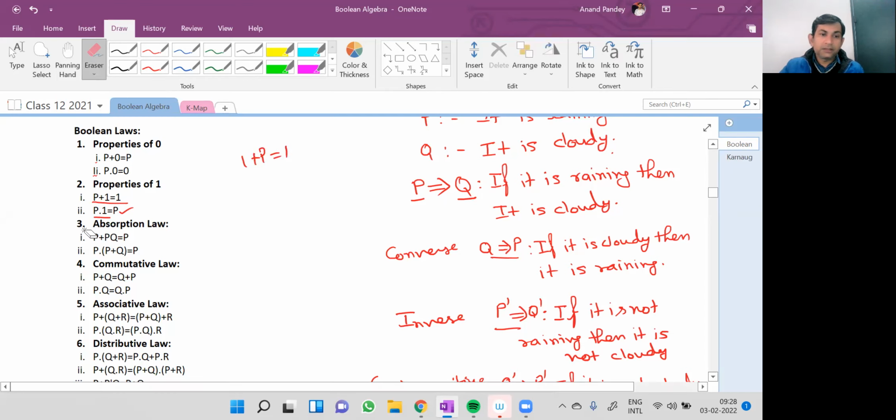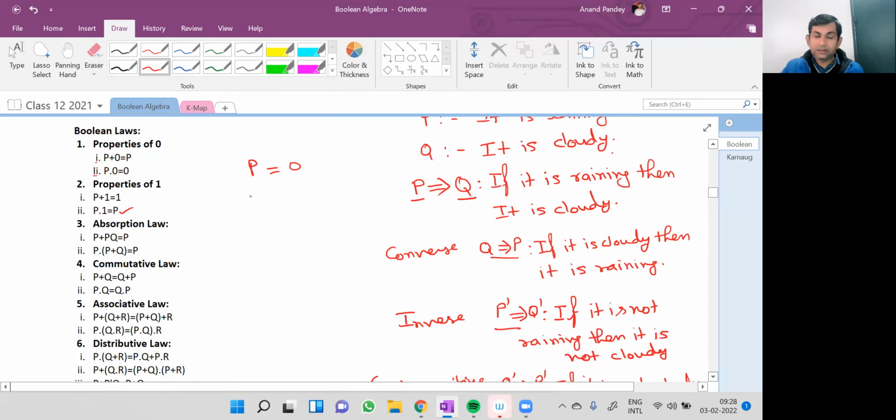Okay. How it is? Let me show you. Can you tell me the possible value of P? What will be the possible values of P if it is a proposition? True or false. So here we represent true with 1 and false with 0. So consider the value of P is 0.